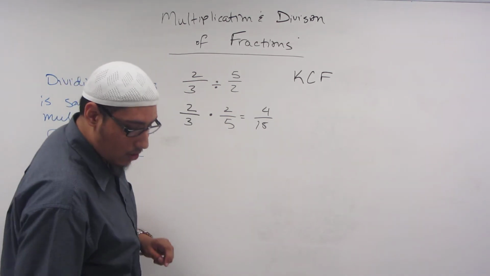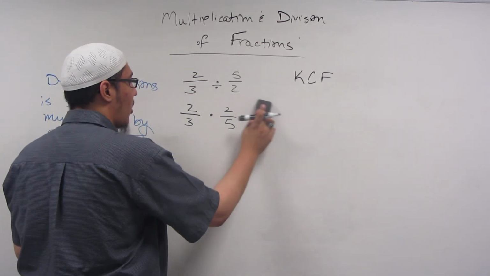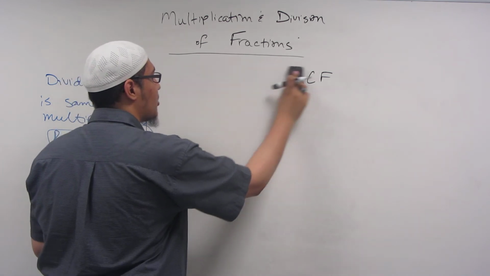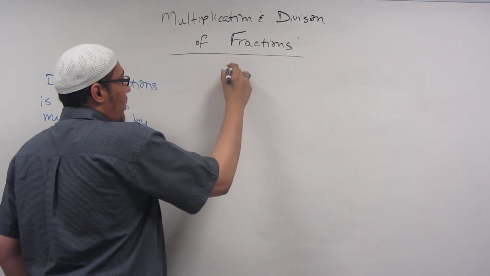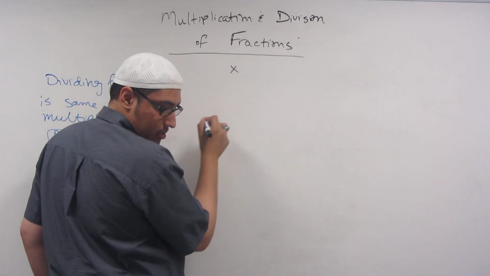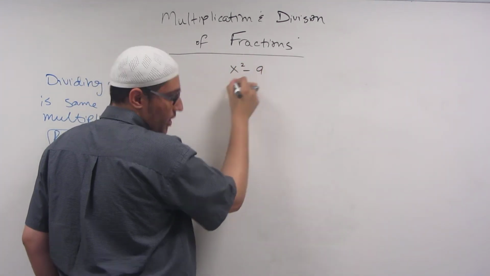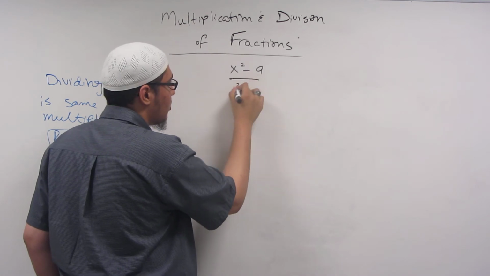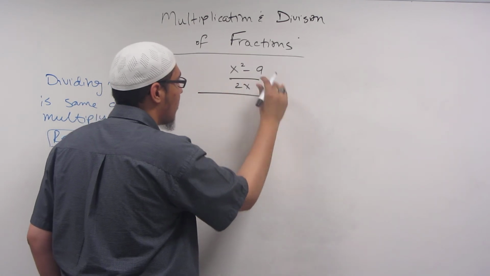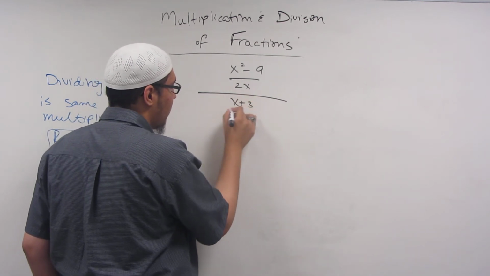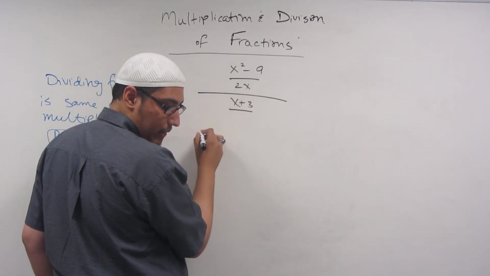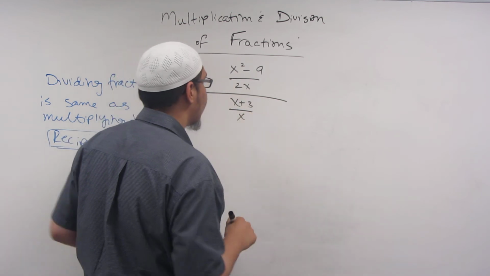All right. Now let's just do one more problem where we are dividing fractions, and this one is a little bit more complicated. If we have x squared minus 9 divided by 2x, and all of this is one fraction, all of this is divided by x plus 3 divided by x.